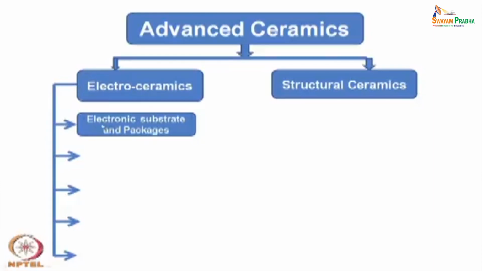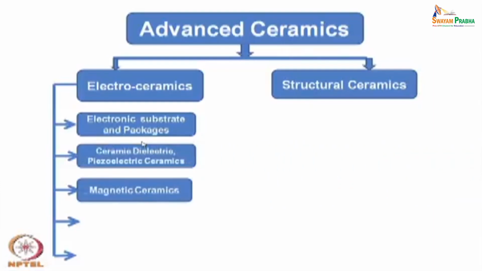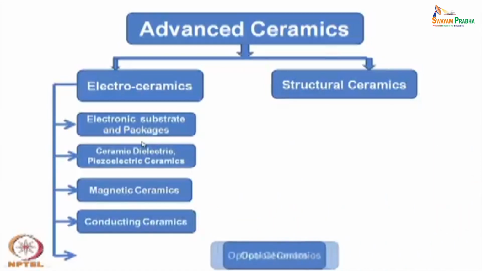There is a large variety of properties which can be exploited for industrial application, and those where electrical property is the primary property exploited are called electroceramics. And under that group you have various properties as well as their application areas.